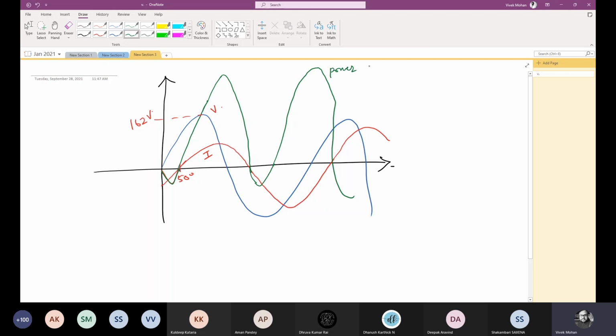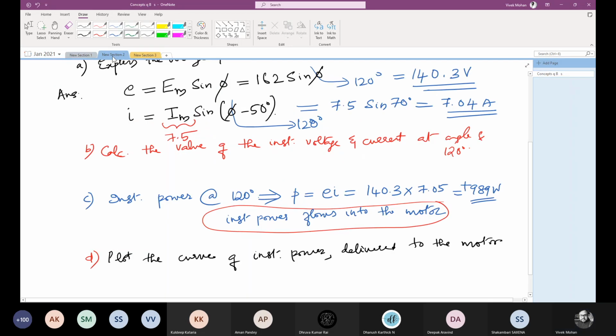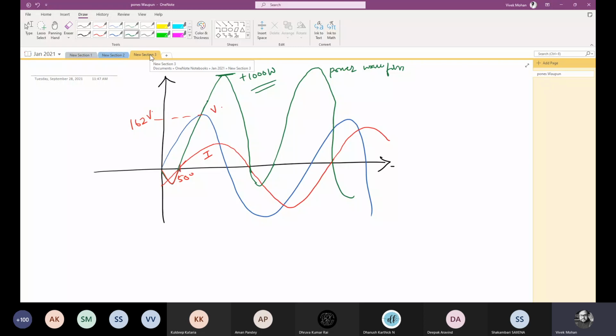Approximately, I'm representing the peak as plus 1000 watts. It's not 1000, it was actually 989, but approximately I'm representing it by 1000. Now you can see that the power waveform has both negative and positive sides.